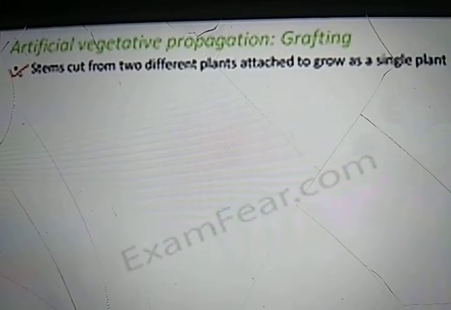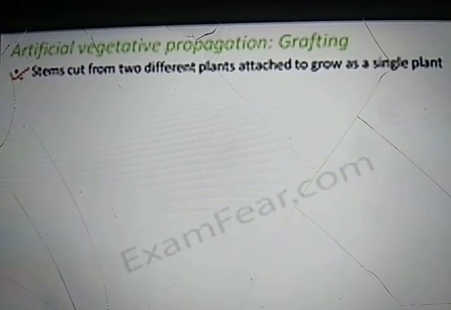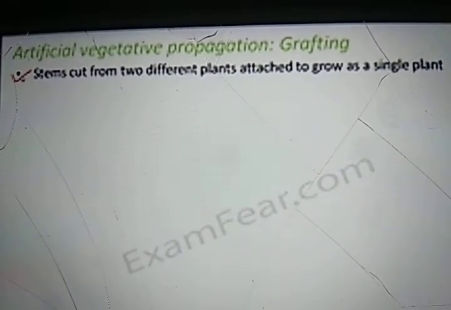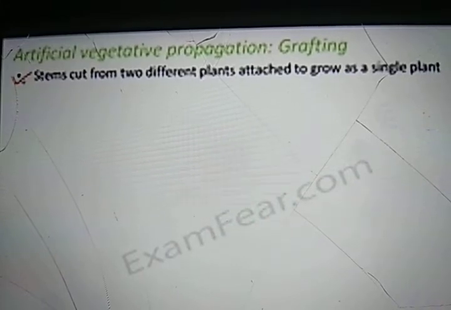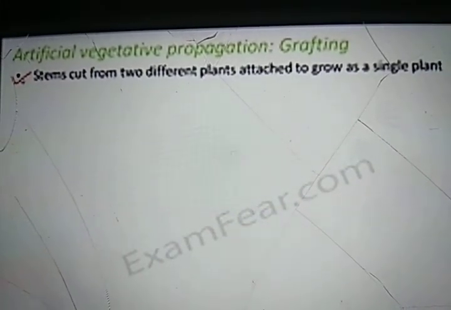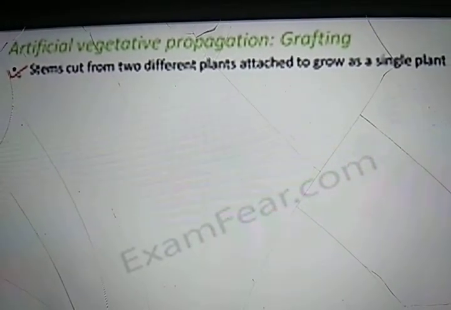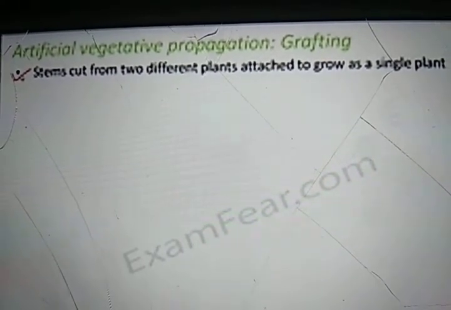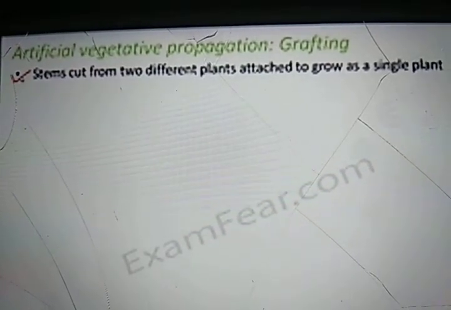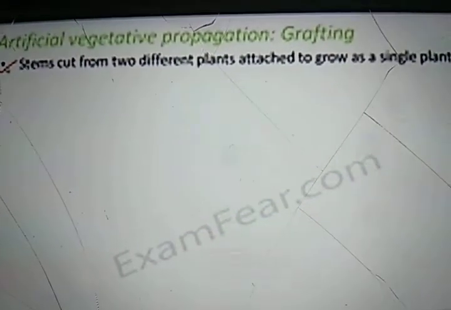If you want a certain characteristic from one plant and certain characteristics from plant 2, you cut the stem of both plants and then attach them together, and they will grow together as one plant. So this new plant has certain characteristics of plant 1 and plant 2. Okay. So let us see how this happens.